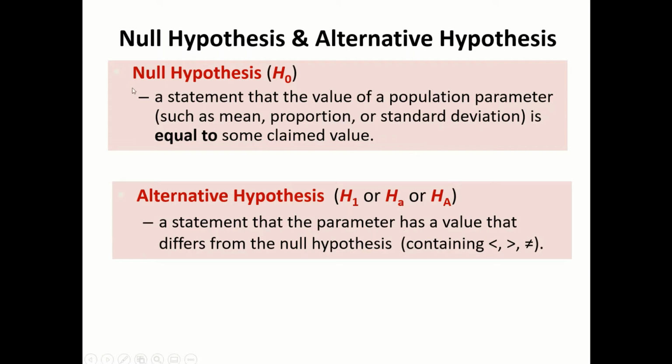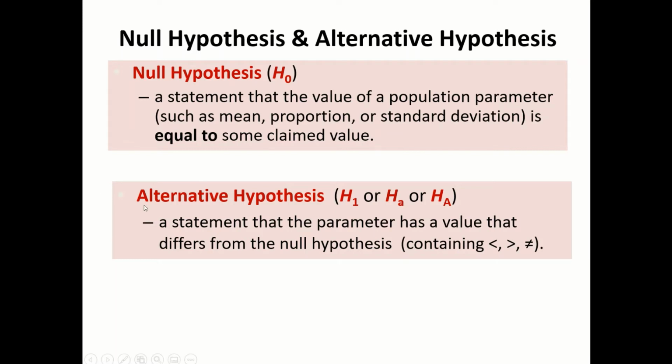For a null hypothesis, we usually use H0, or you can call it H-naught, to represent. Well, this is the statement that the value of the population parameter is equal to the claimed value. So remember, for the null hypothesis, it's always with an equal sign.